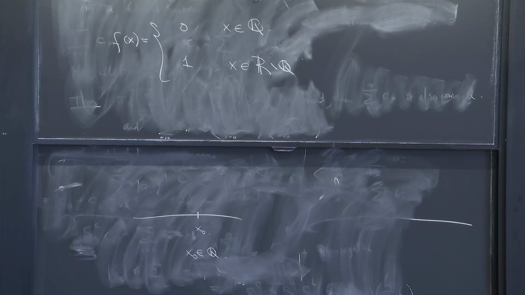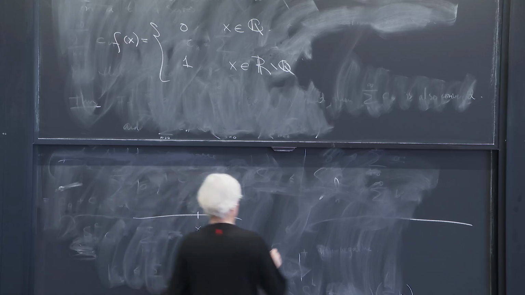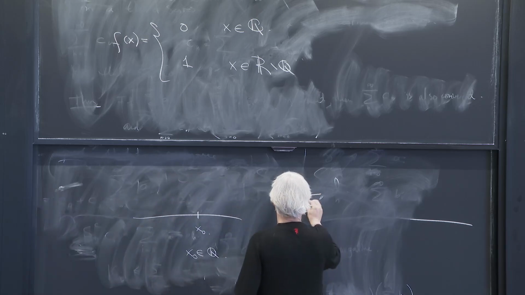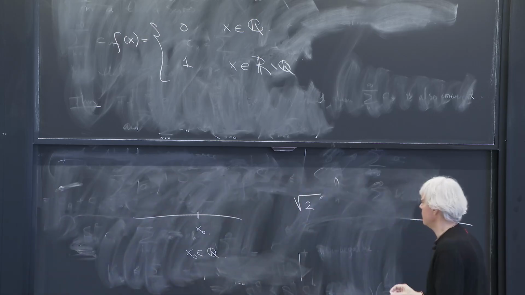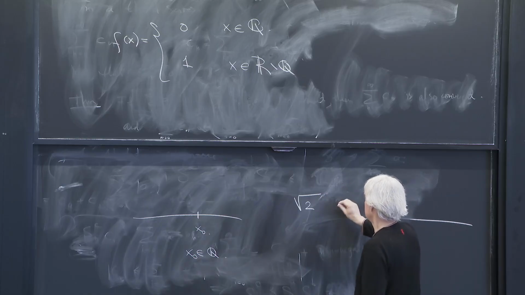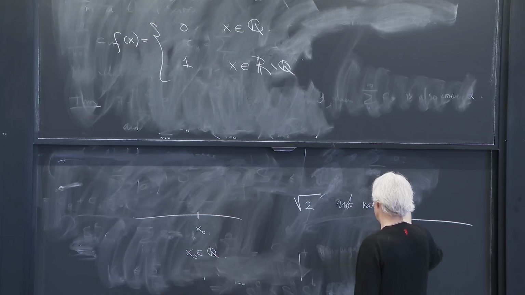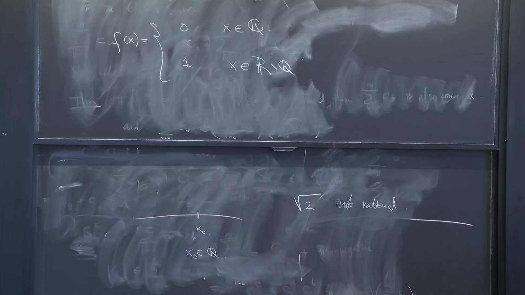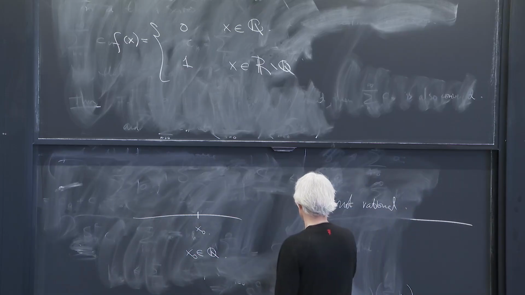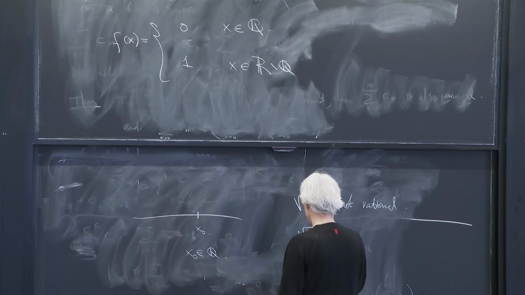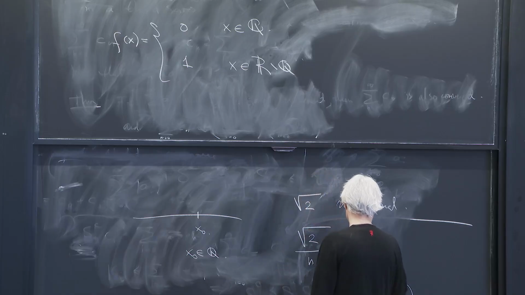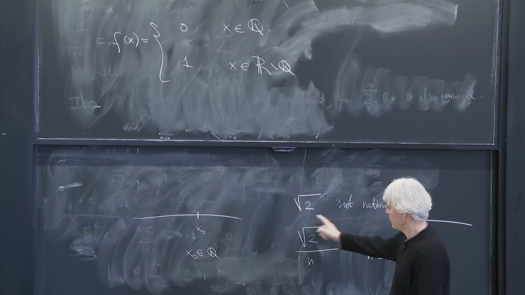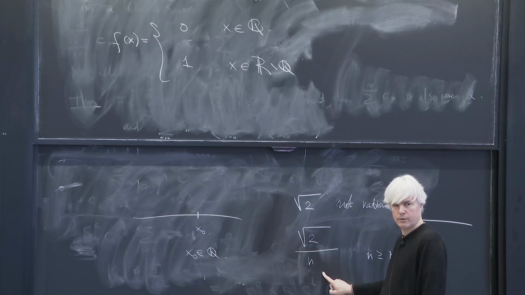Then if you are looking at square root of 2, we know that this here is not rational. We proved that. Right? And so in fact, if you take square root of 2 divided by n, where n here is sufficiently large, then you can make this thing very close to 0. Right?